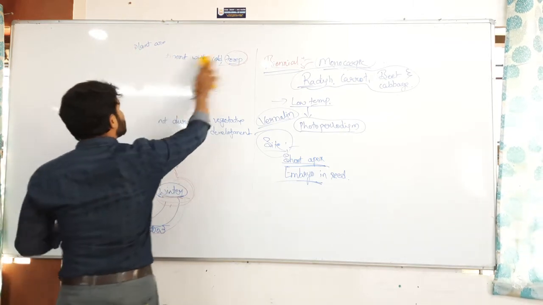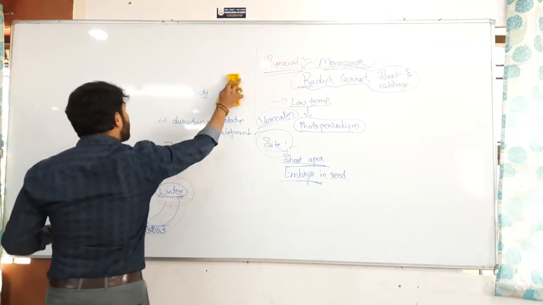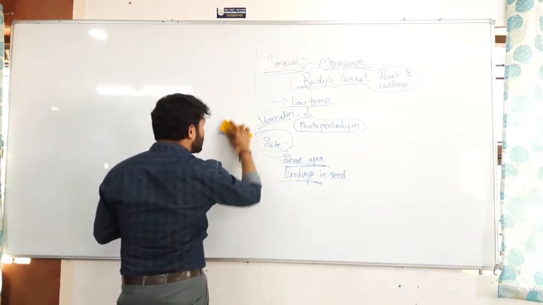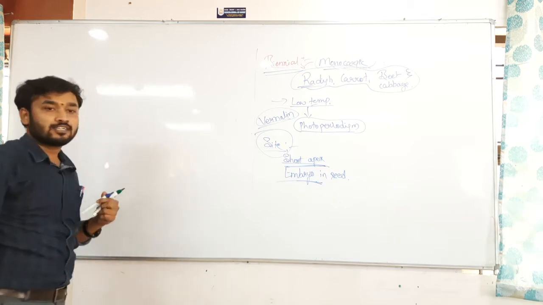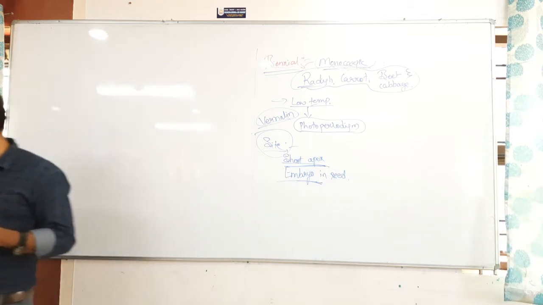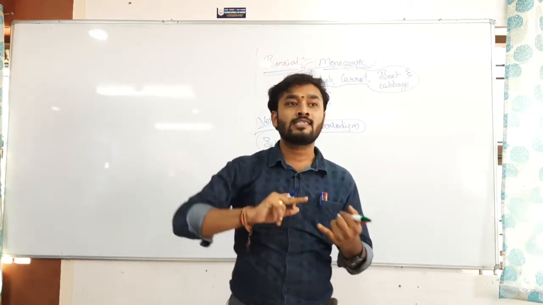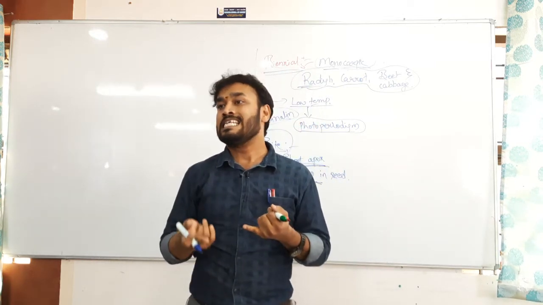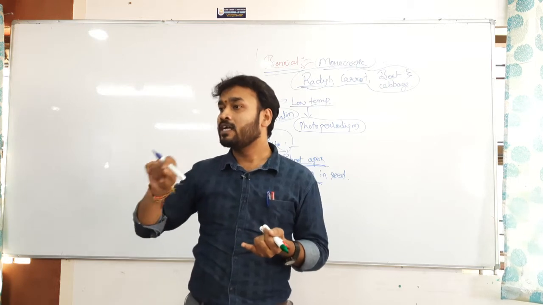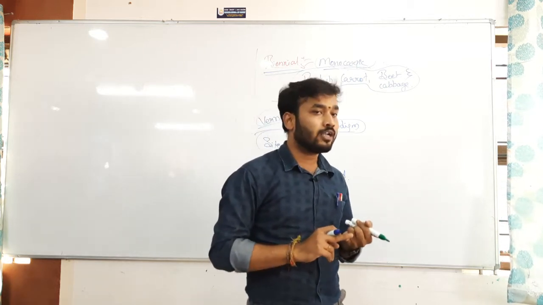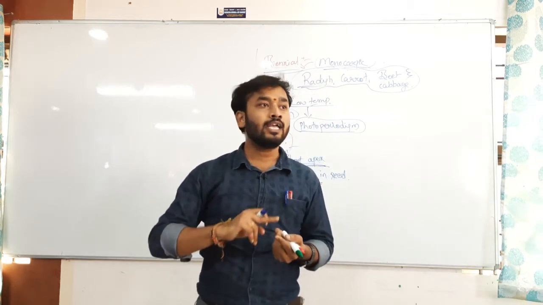Seed dormancy is when the seed will not germinate even in the presence of favorable conditions. That is, the extrinsic factors are all favorable, but the seed is not germinating. Why is the seed not germinating in spite of all the favorable conditions like water, oxygen, humidity, temperature?